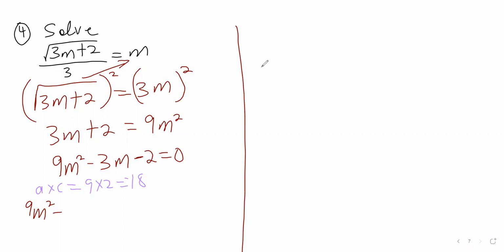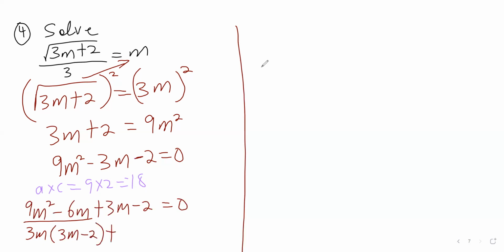So 9m squared minus 6m plus 3m minus 2 equals 0. All right. What's common here? 3m. So 3m is common, and I'll bring the remaining 3m outside, minus 2.